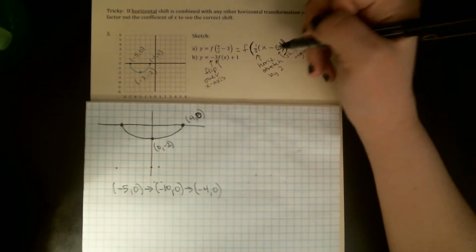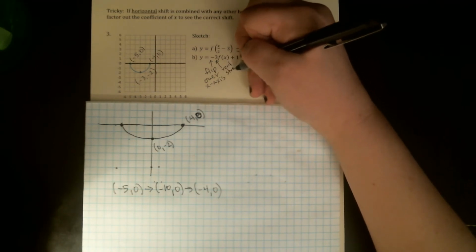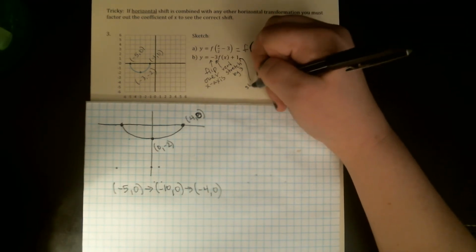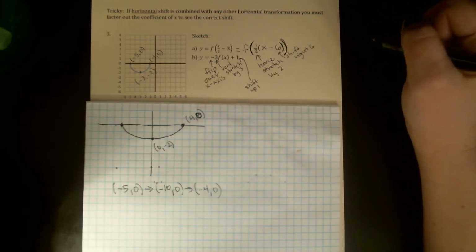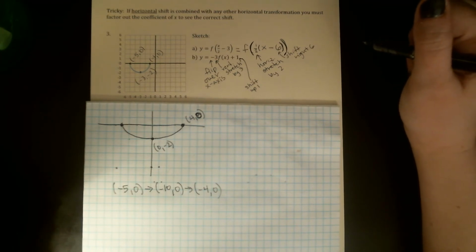Multiplying the entire thing by 3 is a vertical stretch. And adding 1 is a shift up 1. So there are no horizontal transformations at all, which means we don't have to worry about the factoring thing. No need to factor to get your y values straight. It's only something that affects your x values.